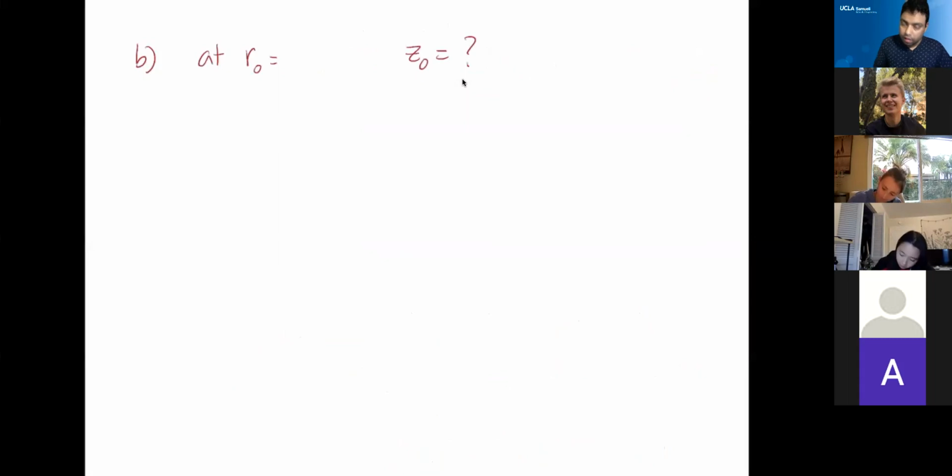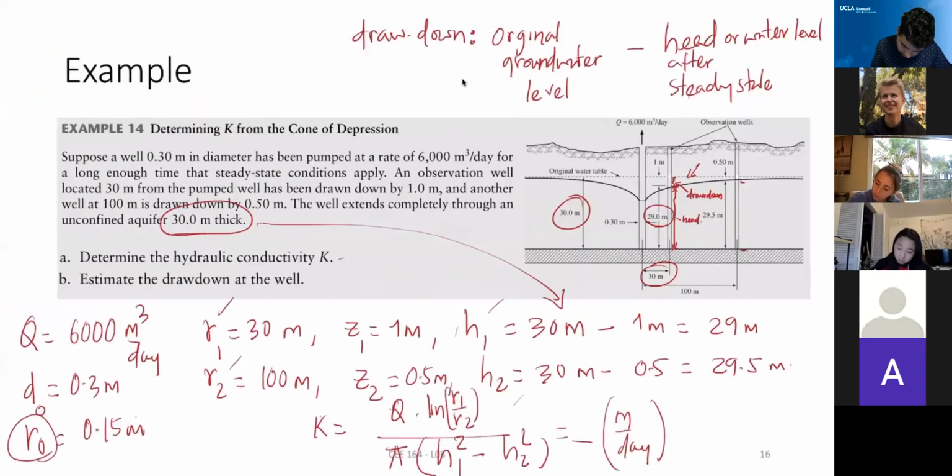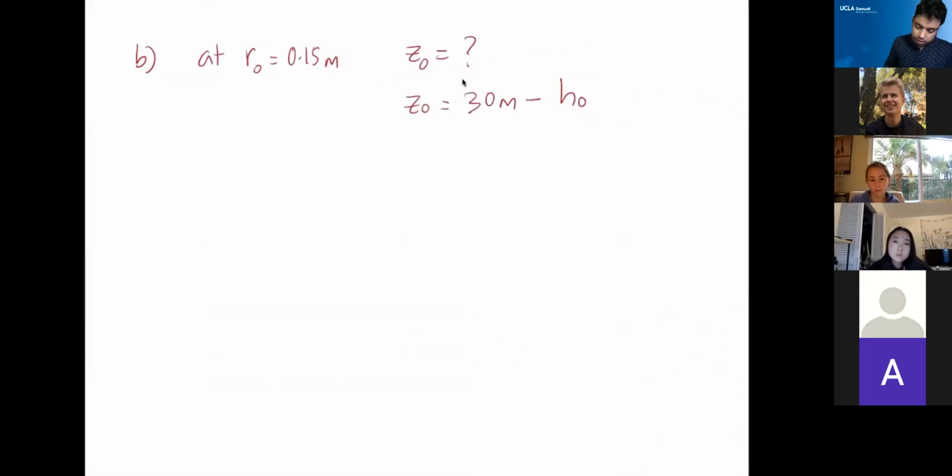Okay, so R0 is 0.15 meters. So you know G0 would be the original height, so that's 30 meter minus H0, whatever the head at that location. Whatever the head at this is H0. And so that means all you have to calculate is H0.